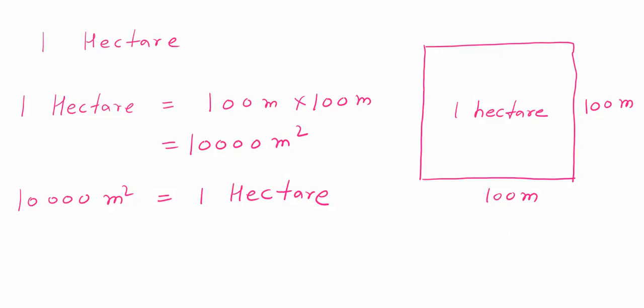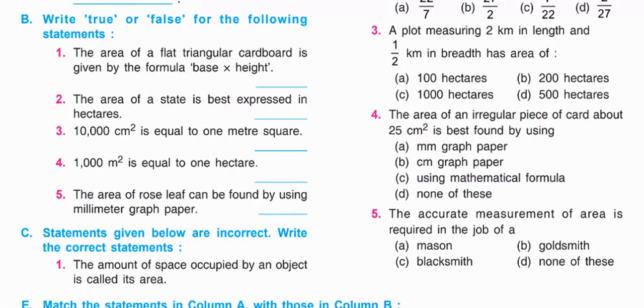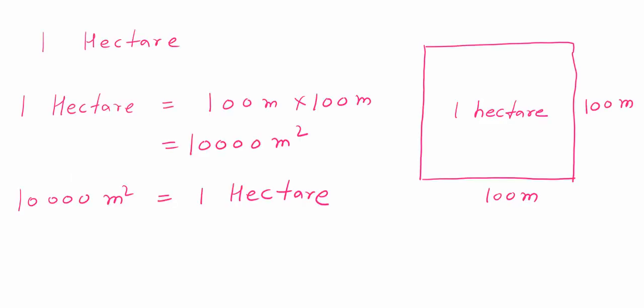Now, what are they saying? 1000 meter square. No children, 10,000 meter square. Recently I told you that 10,000 meter square is equal to 1 hectare.